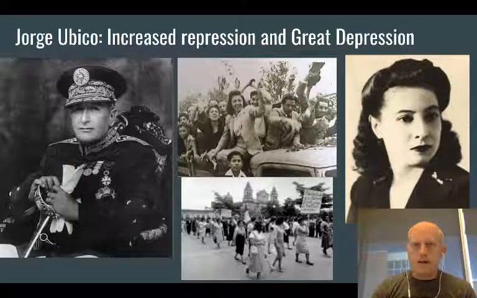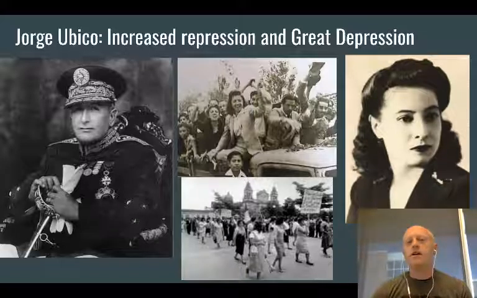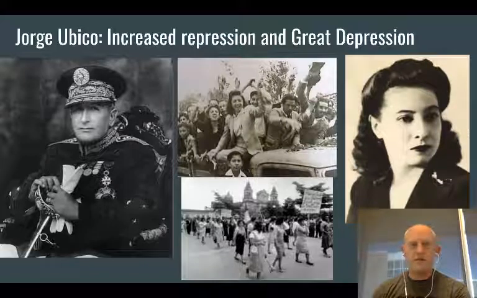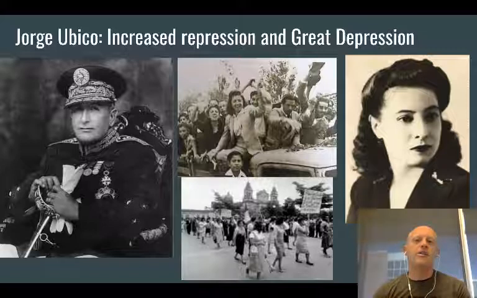Those kinds of labor practices, in rural areas and also in urban areas, were further compounded under the leadership of Jorge Ubico. Ubico was the dictator in Guatemala between 1931 and 1944. During the Great Depression, in efforts to try to diminish civil unrest and also to try to help build the economy at least a little bit, he changed a few of the laws.